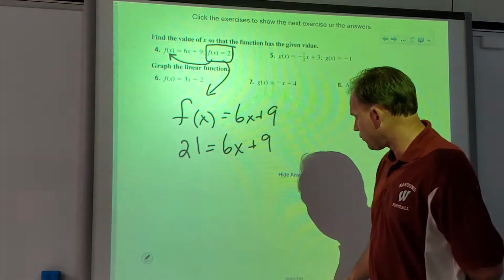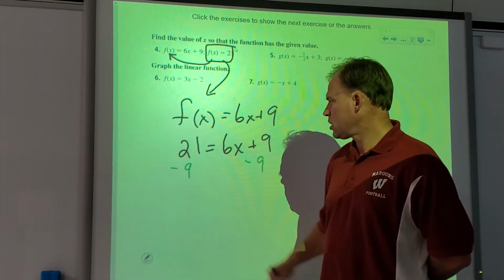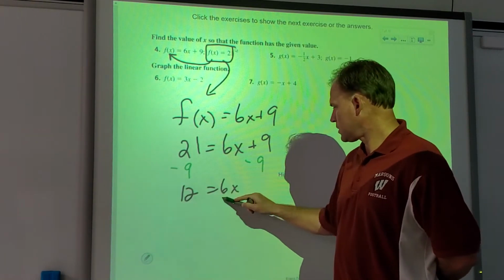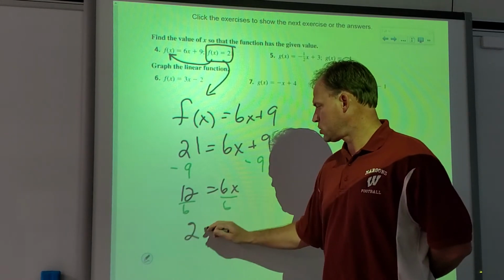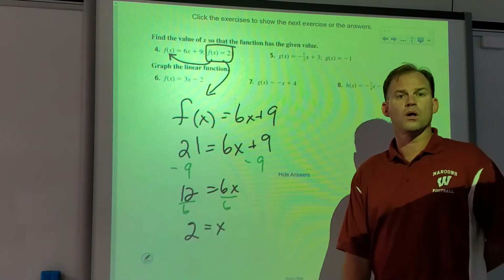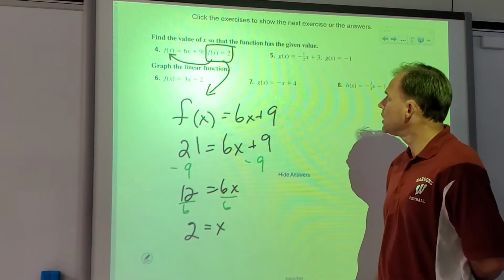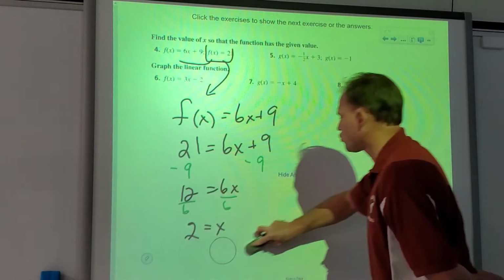Then it's just a matter of working backwards to solve the equation. 21 minus 9 is 12. Divide by 6, I get 2 for x.